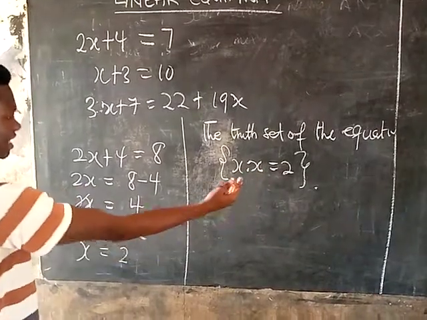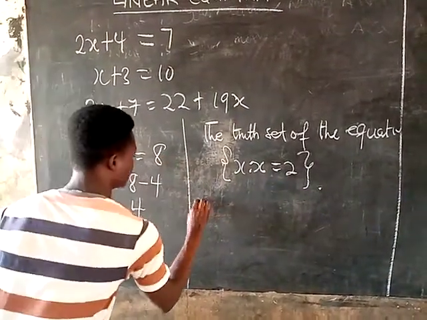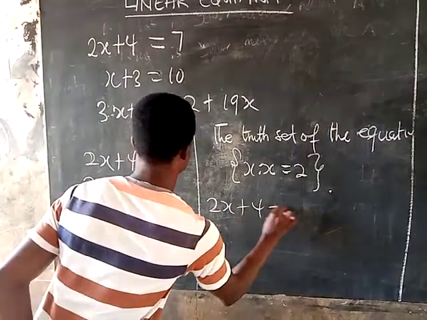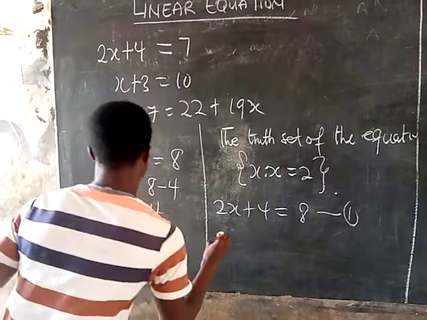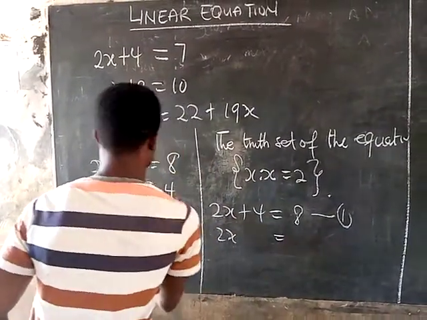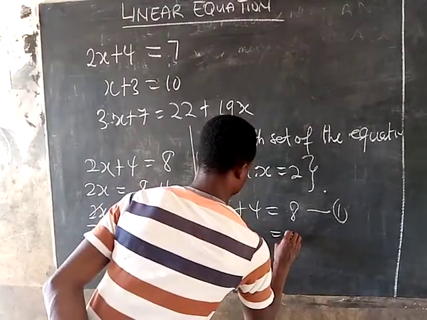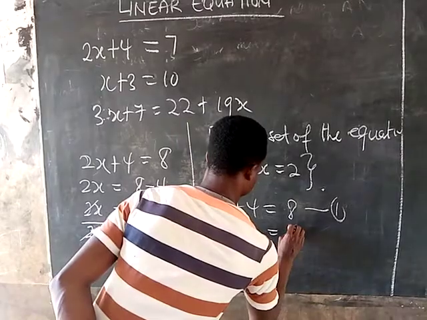If actually x is equal to 2, let's use 2x plus 4 is equal to 8 as our equation 1. Let's use 2x is now equal to 4 as our equation 2, because 8 minus 4 gives me 4.